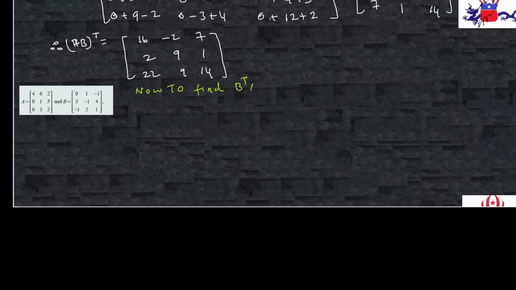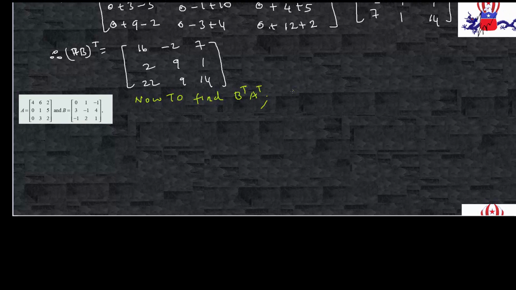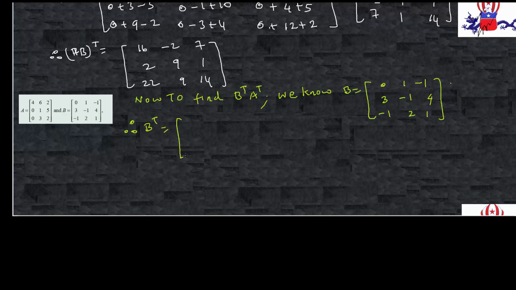Okay, now to find B transpose times A transpose. We know the matrix B in this case, which is [0, 1, -1; 3, -1, 4; -1, 2, 1], and the transpose of this matrix would be [0, 3, -1; 1, -1, 2; -1, 4, 1].